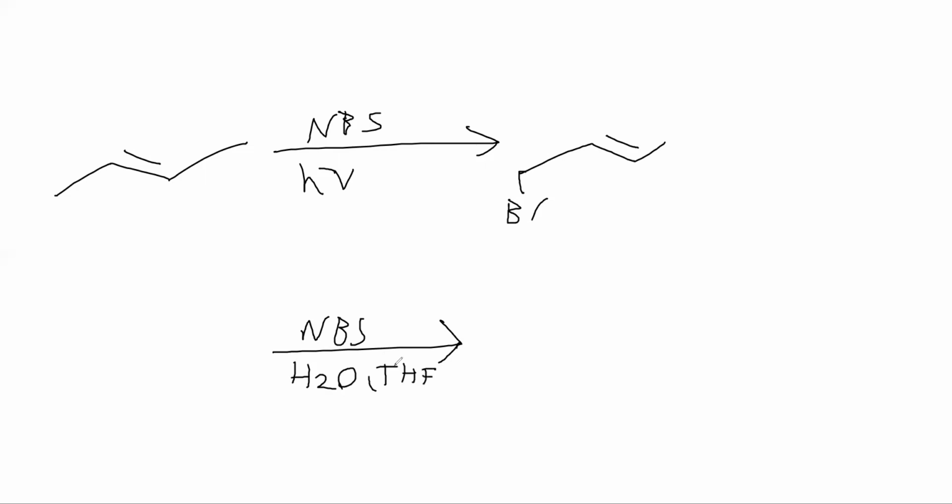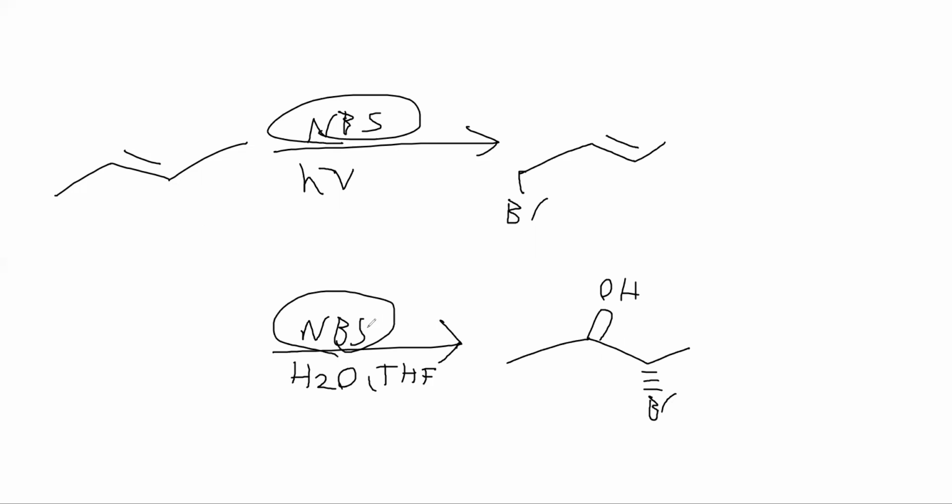I don't remember if ether is around, but I know NBS and water are at the very least. So this set of conditions reacts with the double bonds directly to add alcohol and bromine. So even though they both have NBS, they have very different products. So just try not to mix these two up.